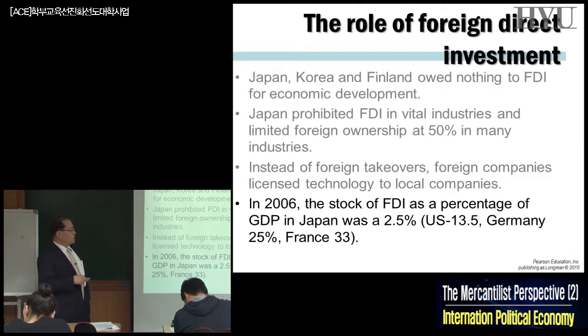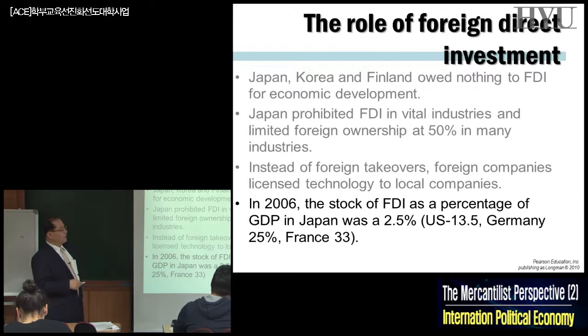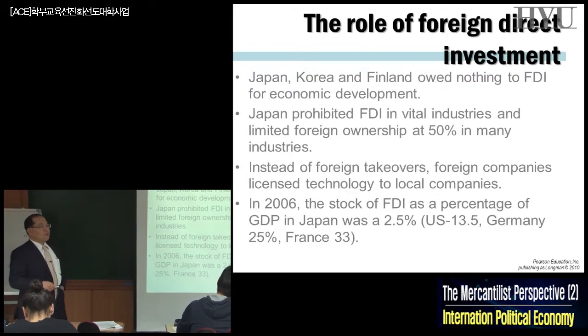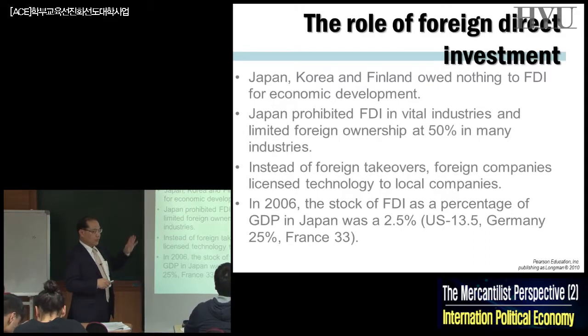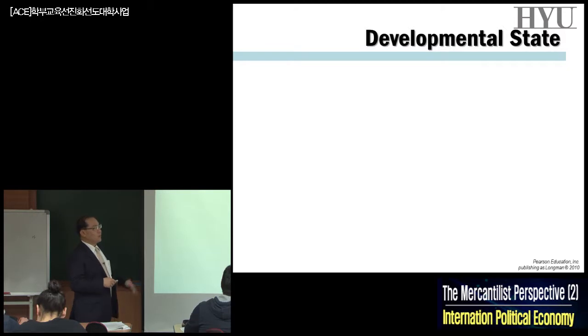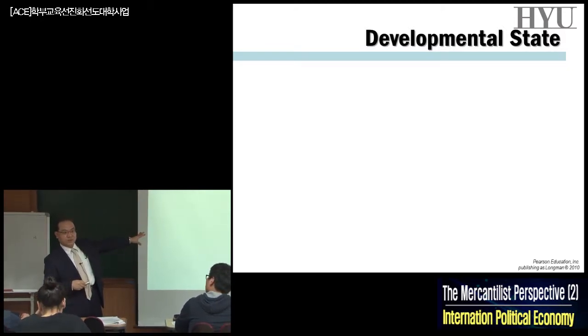So the Japanese FDI portion was the lowest, 2.5%. US 13.5%, Germany 25%, France 33%. So the FDI argument in the Washington consensus, if you look at these, is wrong, right? Wrong.